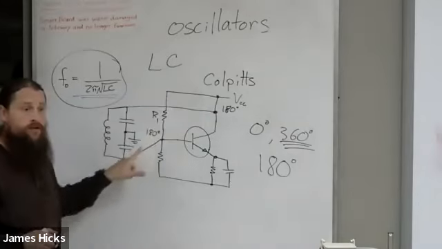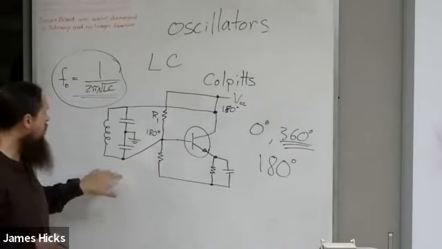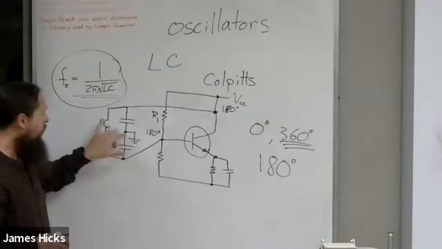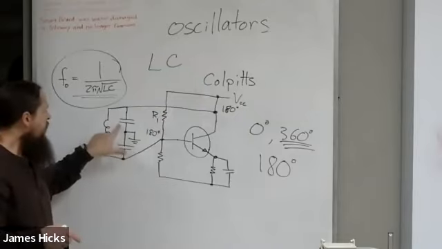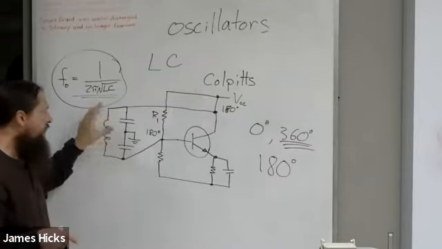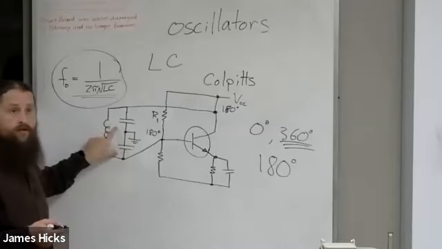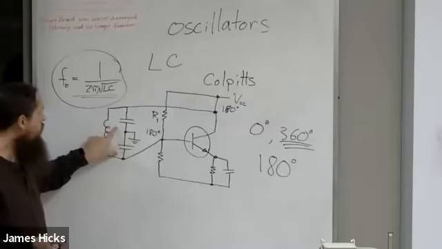So the Colpitts is just the Hartley oscillator, but the L and the C take on different roles. I have effectively the equivalent of a center tap capacitor.